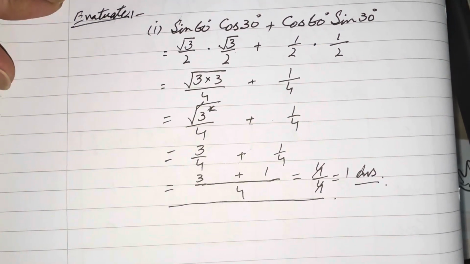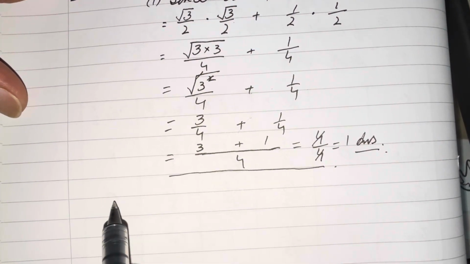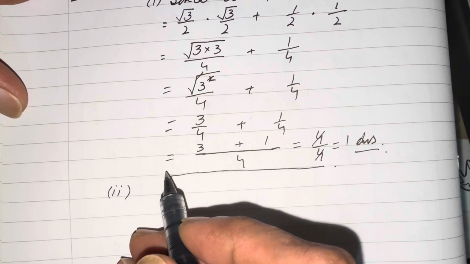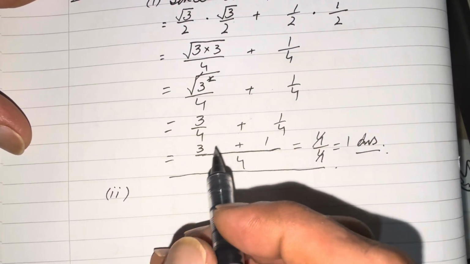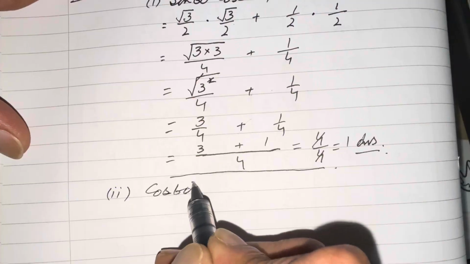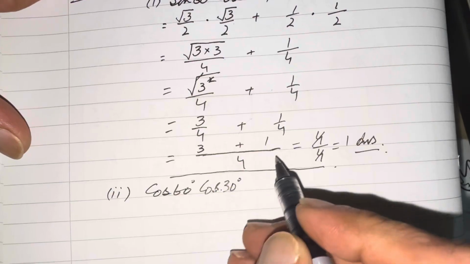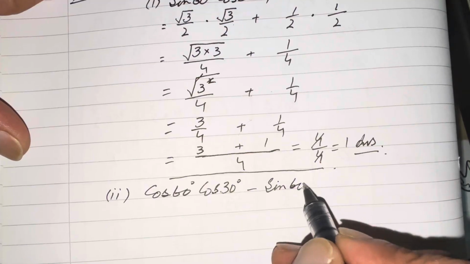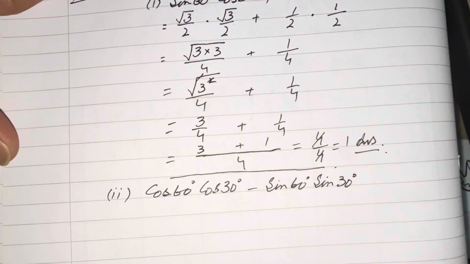Let's see another example of trigonometric ratios, how we can solve it. So example number 2, or question number 2, will be taken as cos 60 into cos 30 minus sine 60 into sine 30.